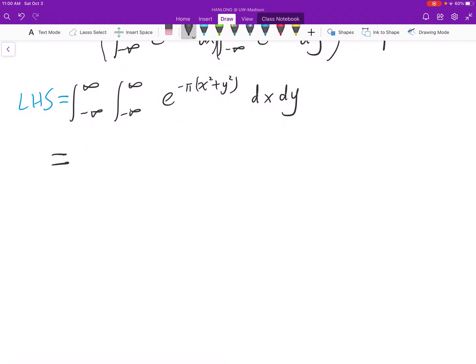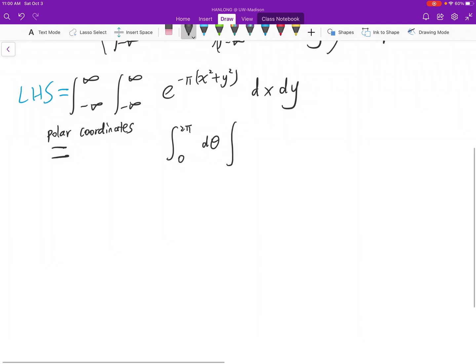Now for the double integral, we apply polar coordinates. Recall that transforming into polar coordinates, you have an extra factor r. More explicitly, you have the integral for theta from 0 to 2 pi, the integral for r from 0 to infinity. In a moment, I will show you the picture of why we have this bound.